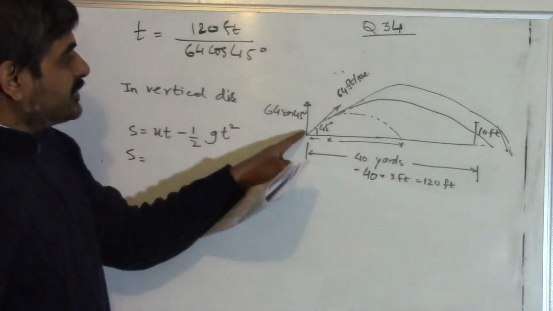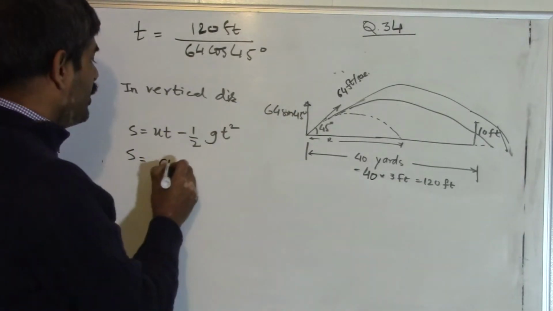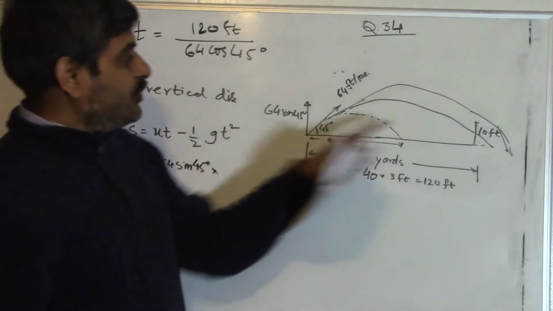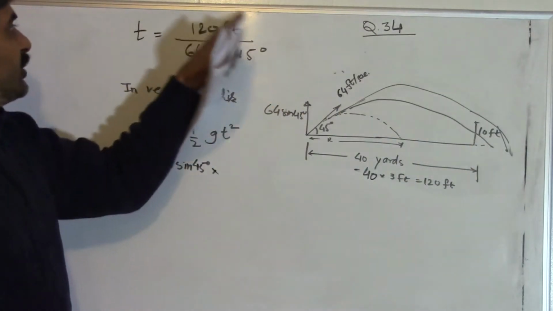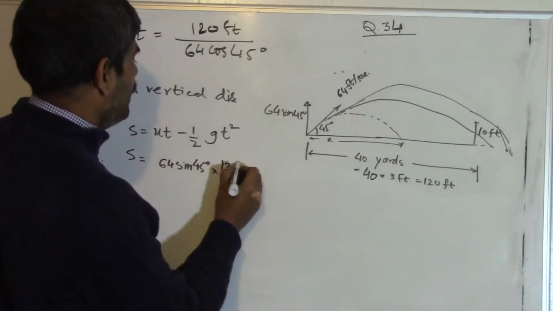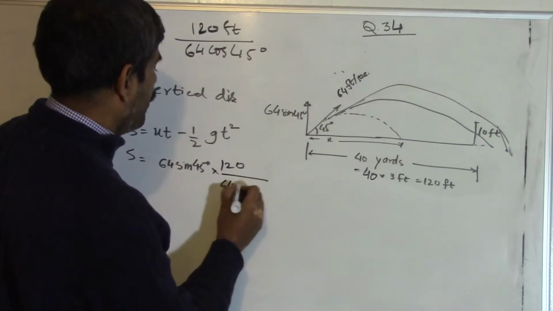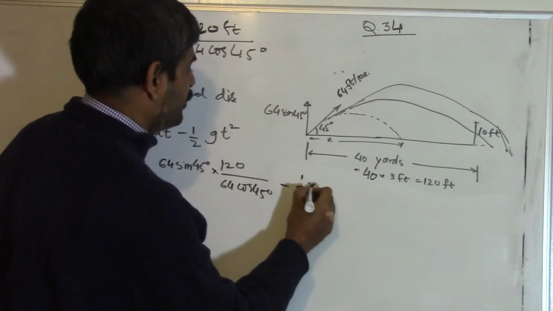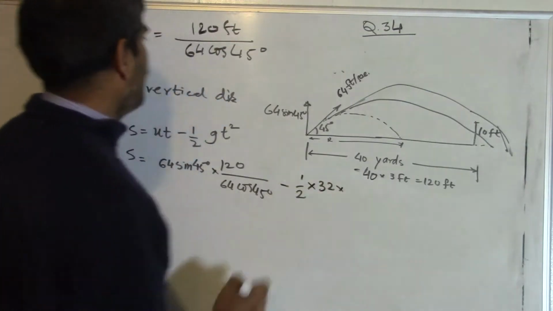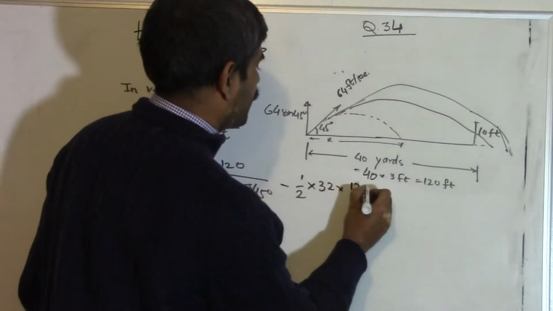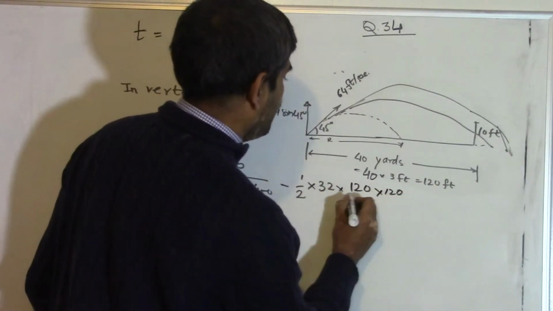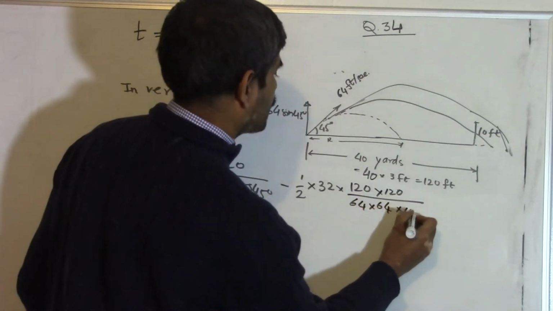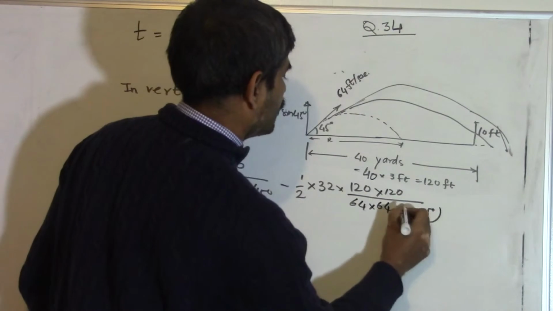U is the initial velocity, which is 64 sine 45 degree. T is the time taken from here to here, which we got from here: 120 divided by 64 cos 45 degree, minus half into g, again we will take 32, multiplied by t square, which is 120 into 120 divided by 64 into 64 into cosine 45 degree whole square.